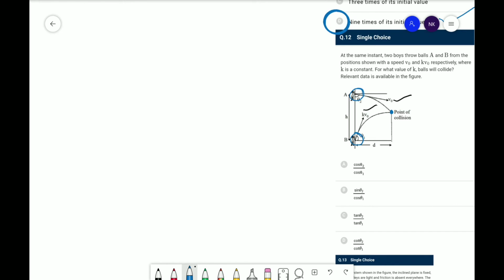So suppose the velocity of this component is uxa and of this component is uxb. Hence uxb must be equal to uxa, and we know that the horizontal component ux is equal to the initial velocity u cos theta.